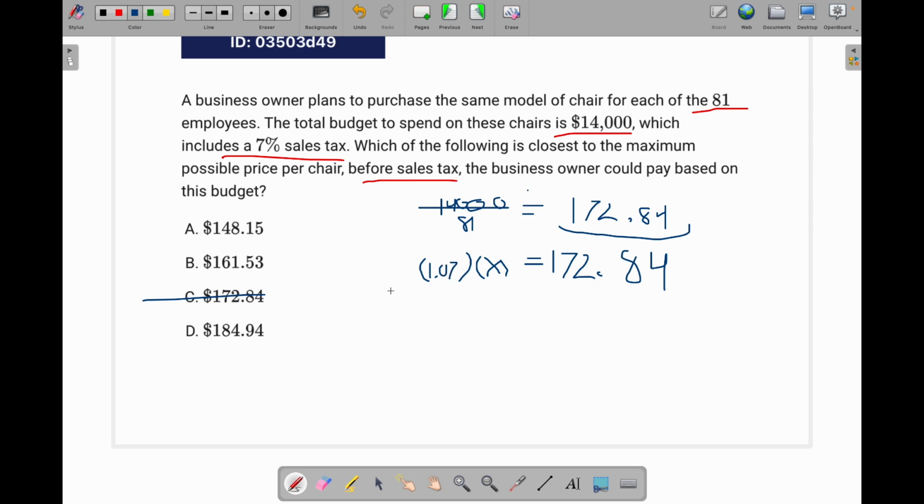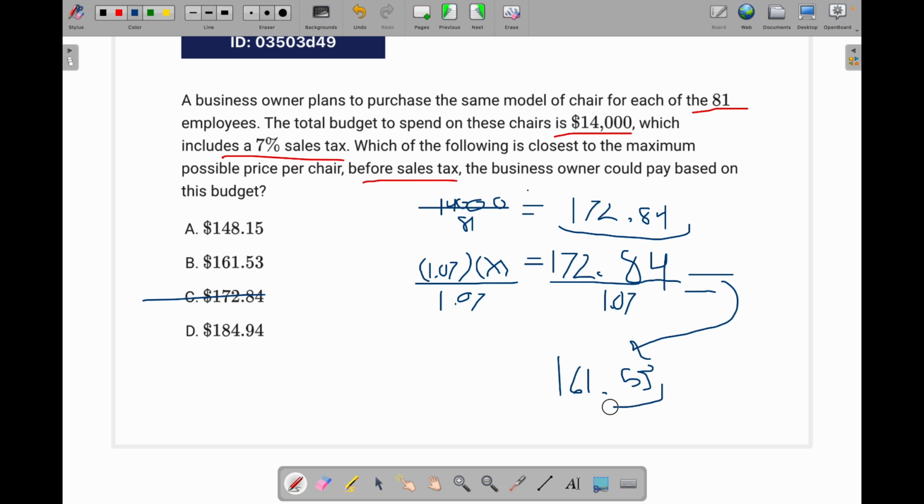Then what we're going to do is just divide each side by 1.07, and we're going to get our answer. So let's divide 172.84 divided by 1.07. And we're going to get an answer of 161.53, which would be answer choice B. And this is our answer.